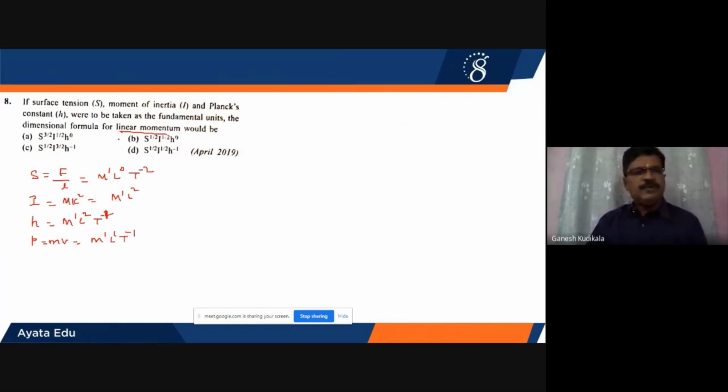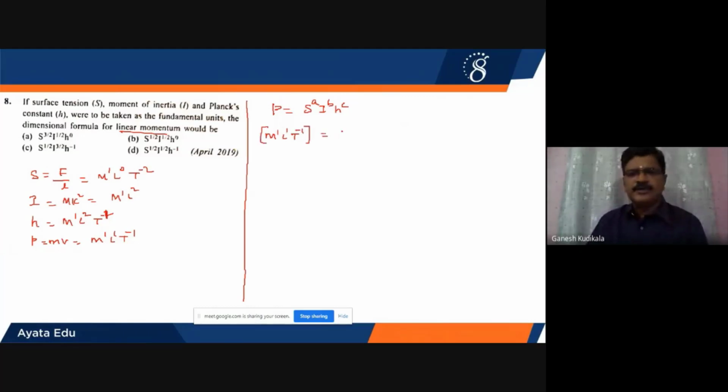Now the dimensional formula of linear momentum I have to express in terms of S, I and H. So for that case let us solve it. Let us assume the equation for the momentum as P is equal to S to the power of A, I to the power of B, and H to the power of C. Momentum is M1 L1 T to the power of minus 1.